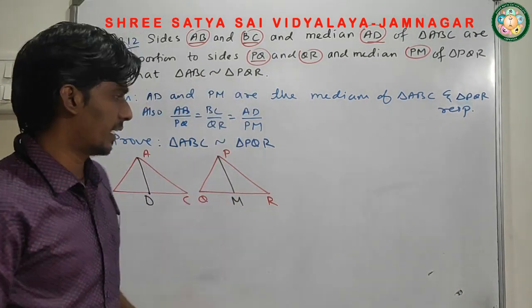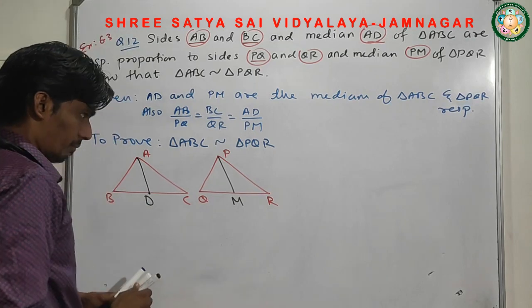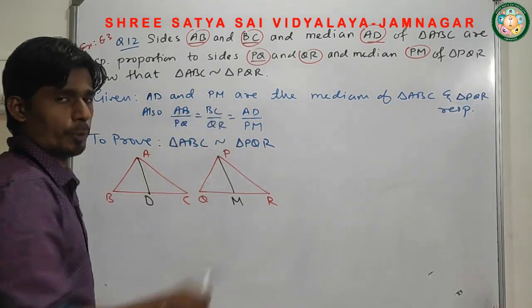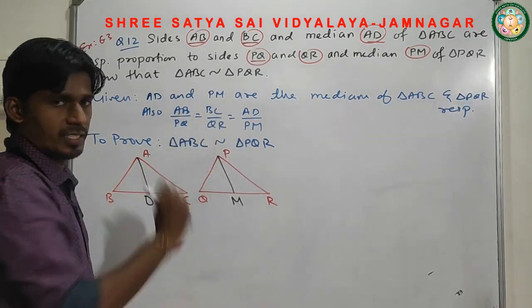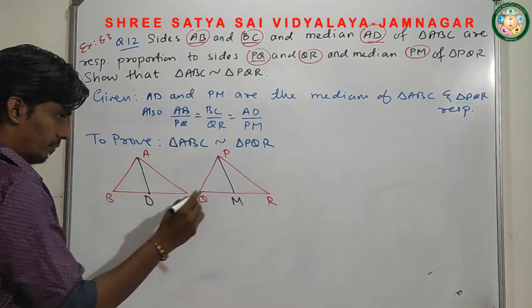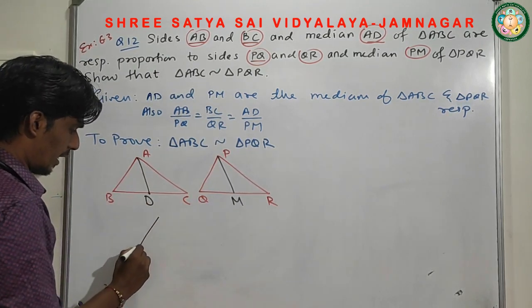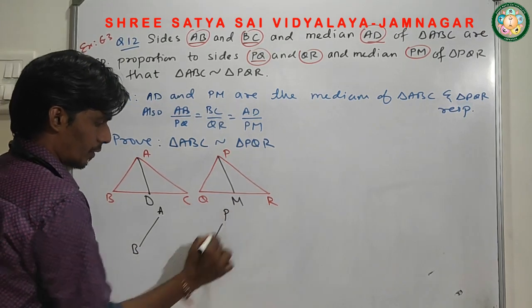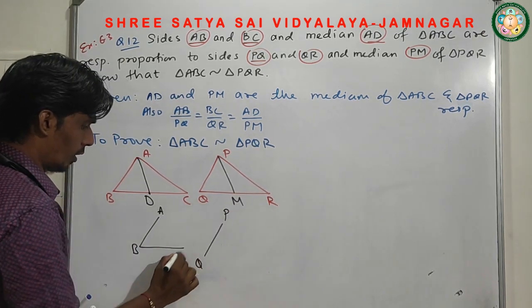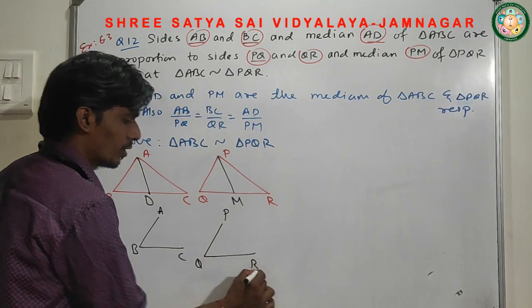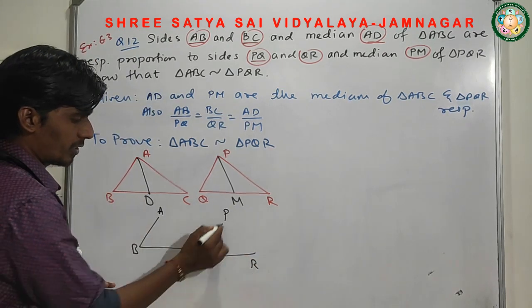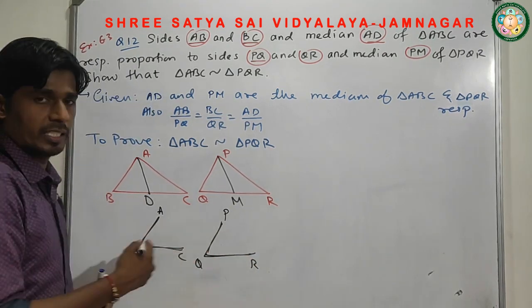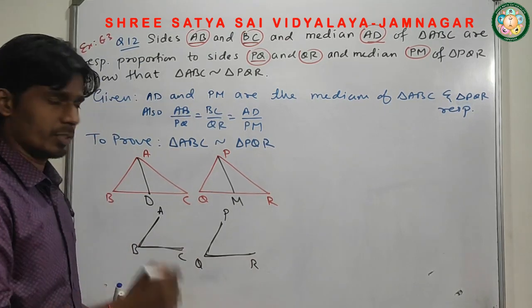हमें similar prove करने के लिए, if I am going to prove, already these two sides are in proportion, this is a side, this is a side. So I know AB to PQ is proportional to BC to QR. The ratio of the sides is already given in the question itself. So what is my objective?